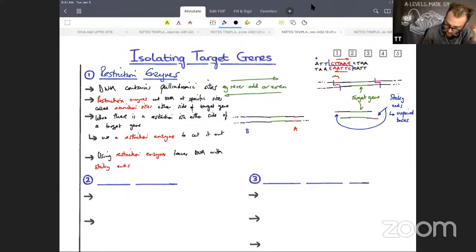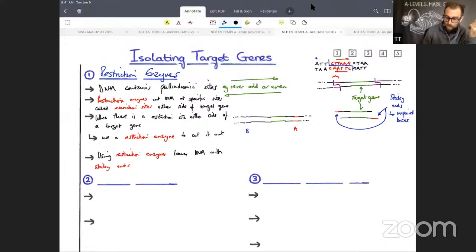But if they're the same, in my first drawing, I used red for both of them, and it's the same enzyme that would chop them out. And it would be the same enzyme in a human, chopping out human DNA, because the site is the same. It would be the same enzyme that would be cutting it out of a plasmid or in a plant.